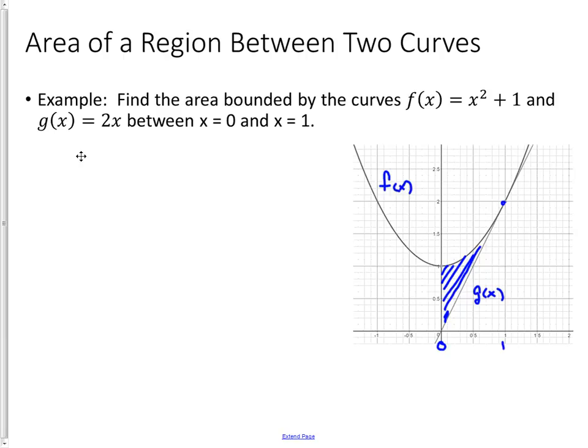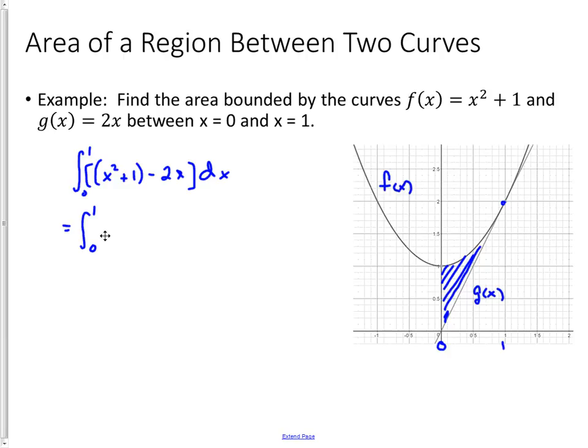So what could we say about this area? According to our formula, this is going to be the definite integral from 0 to 1 of x squared plus 1 minus 2x dx. We do a little bit of simplification just to make it easier on ourselves.